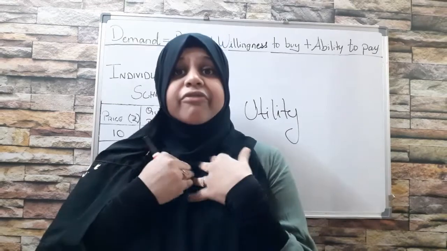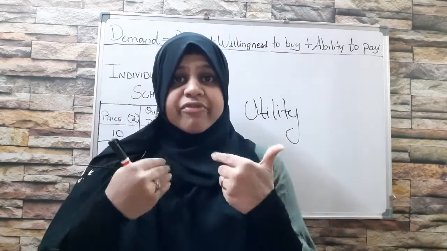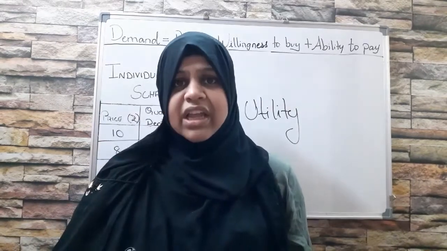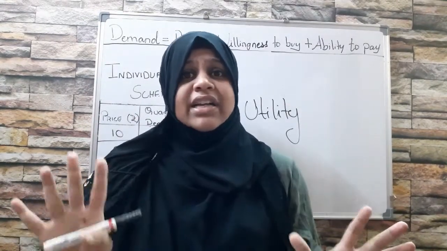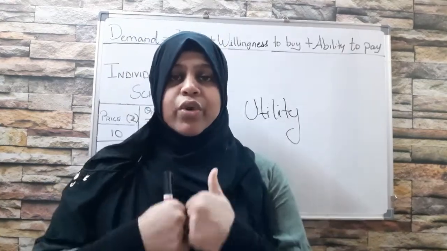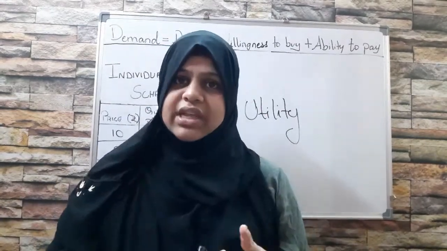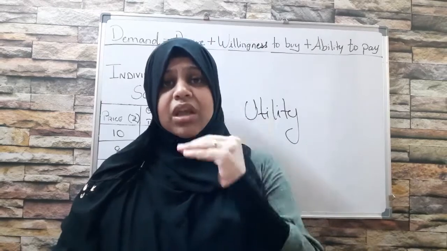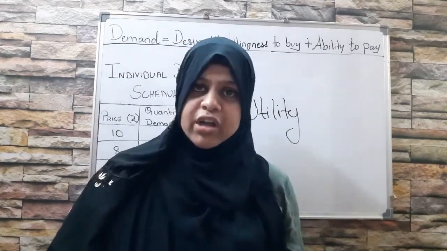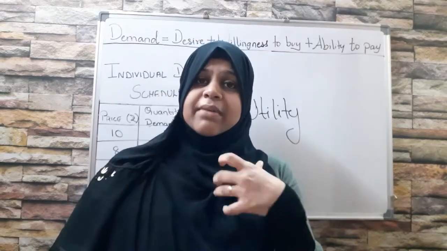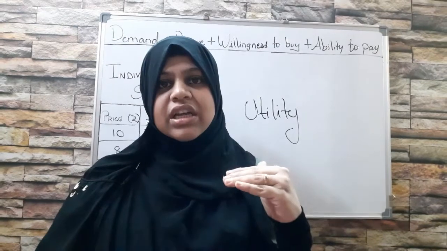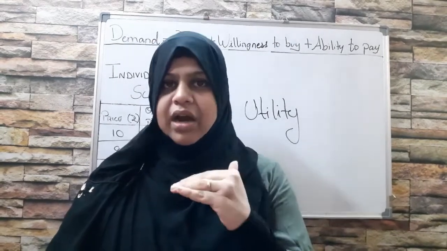Or if I'm very full, I just had my dinner, and after that if I consume something, it will give me not satisfaction, instead it will give me dissatisfaction. So I am going to demand only those things which are going to satisfy some kind of want, some kind of desire, some kind of wish. That is why it is said that utility is the basis for demand.